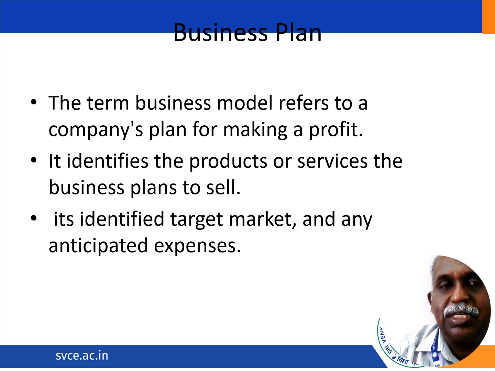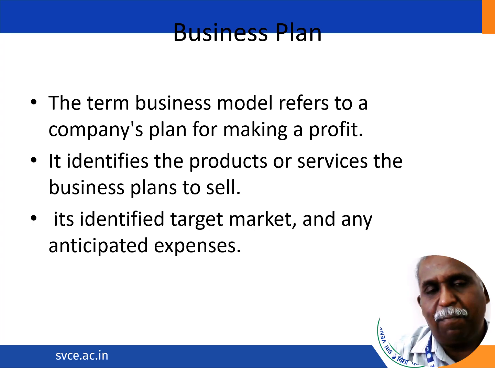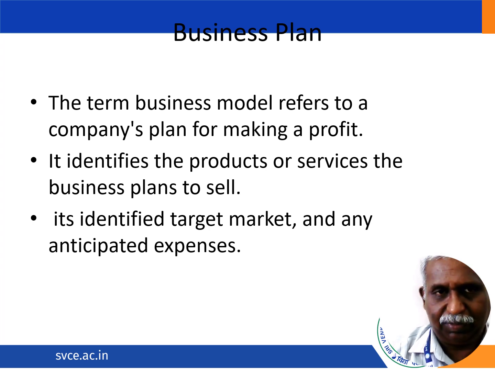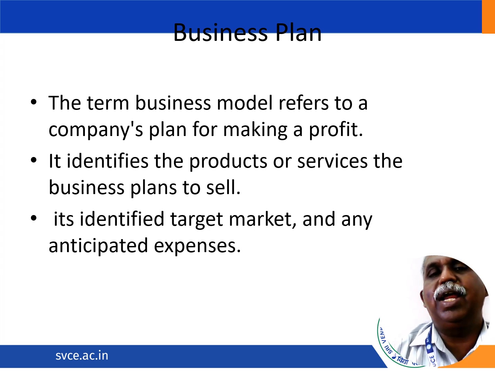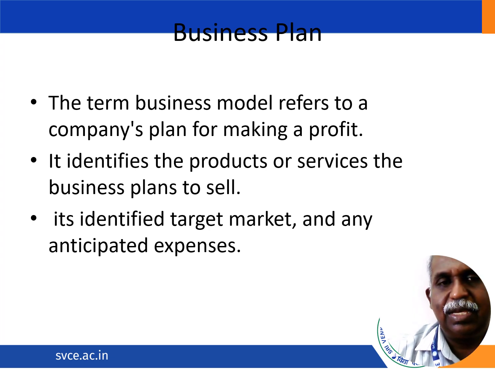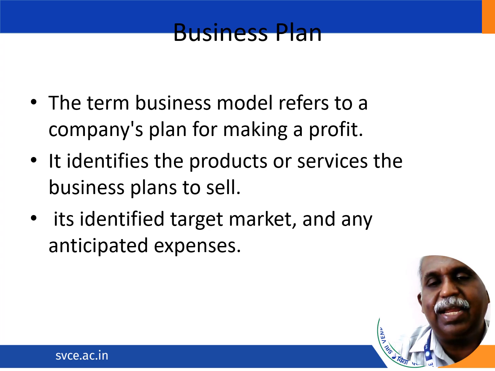The business model refers to a company's plan for making profit. The aim is to achieve the profit. To identify a product or service, the business plan says how to sell this, identifying a target market and what the anticipated expense is.